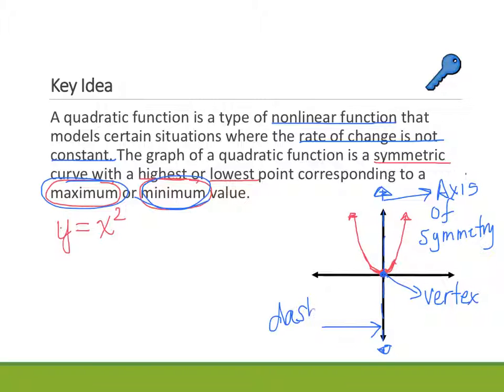The reason why we dash the line instead of drawing it solid is because this particular axis is not a part of the graph. It is merely a line that represents where the mirror image is occurring. You might look at it as the mirror.